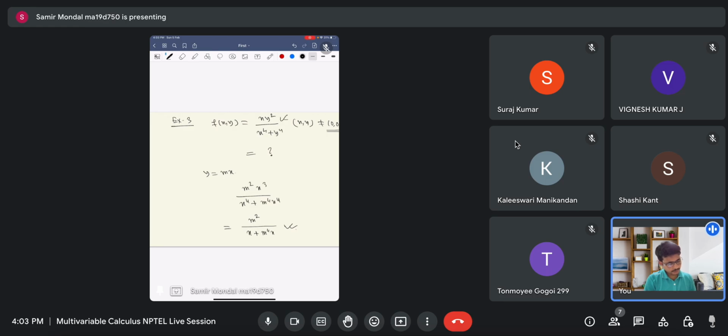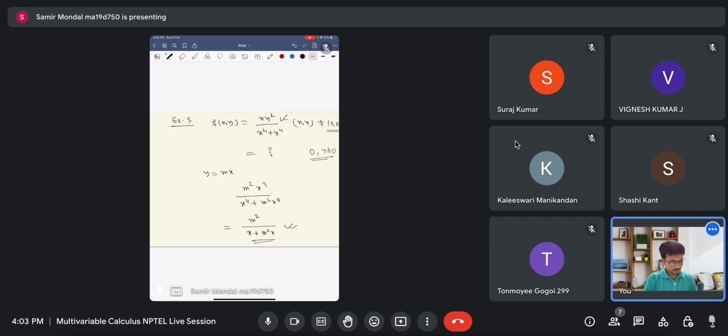If you put x equal to 0, here we are getting 0, but here this is something else. Okay, we are putting x equal to 0 and y also non-zero, that time we are getting 0.